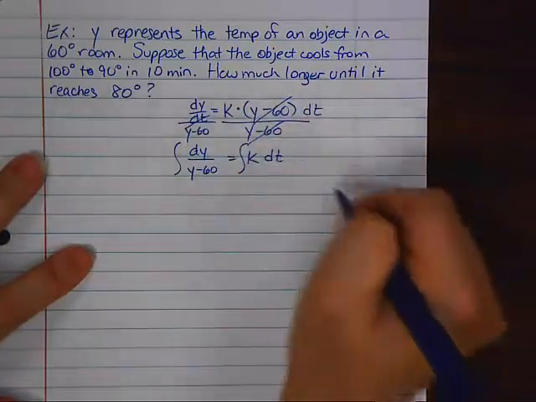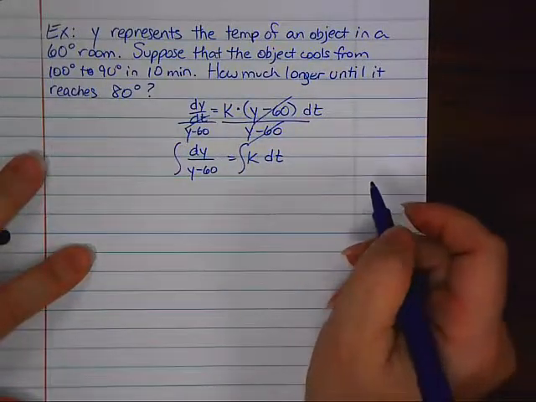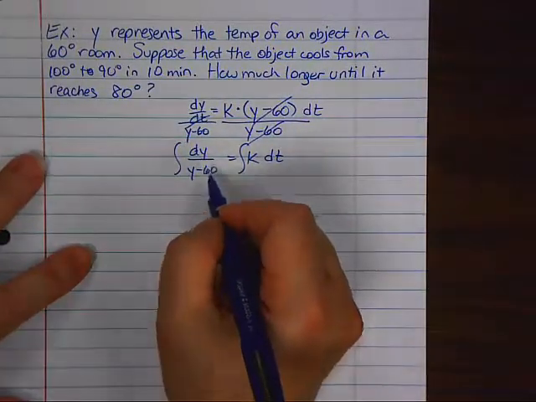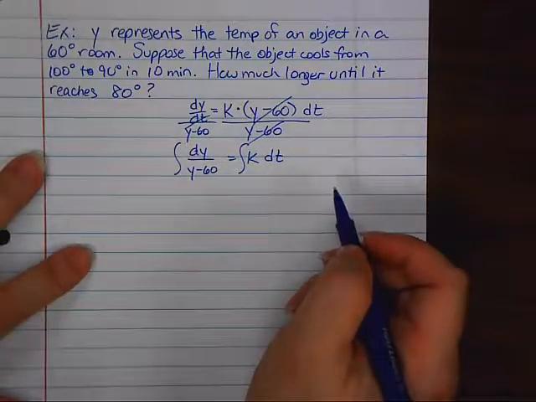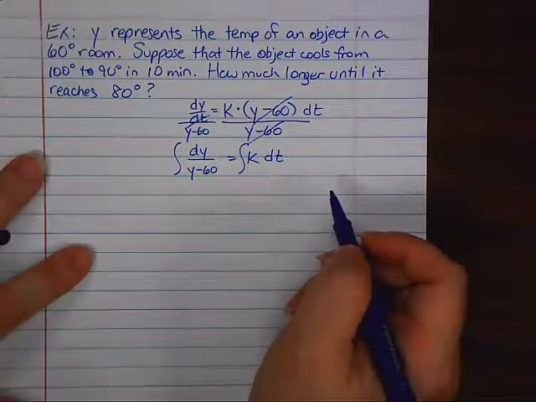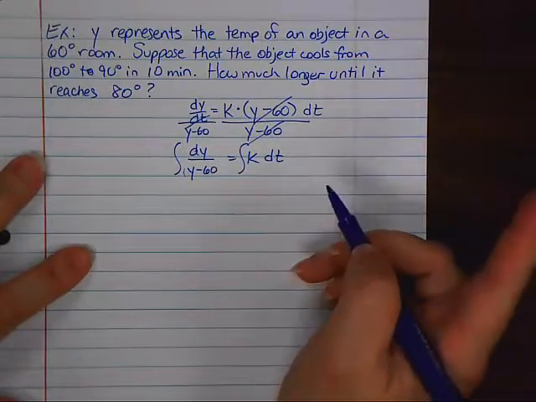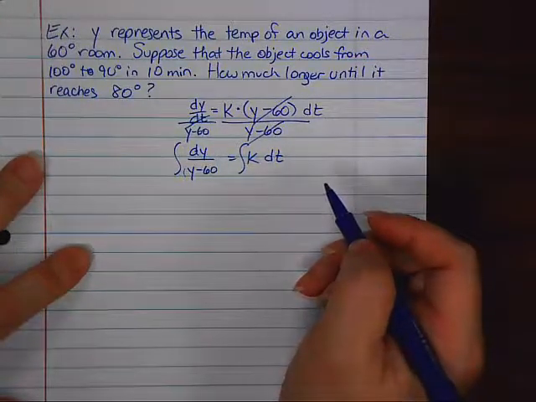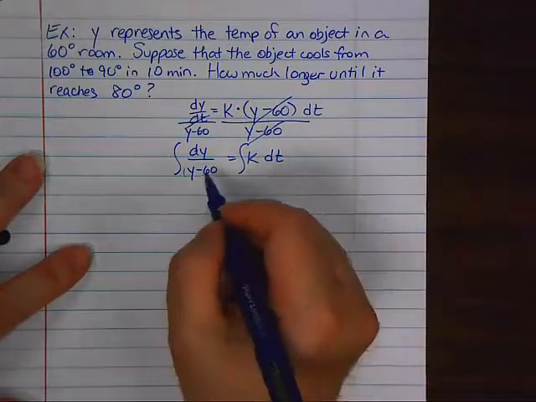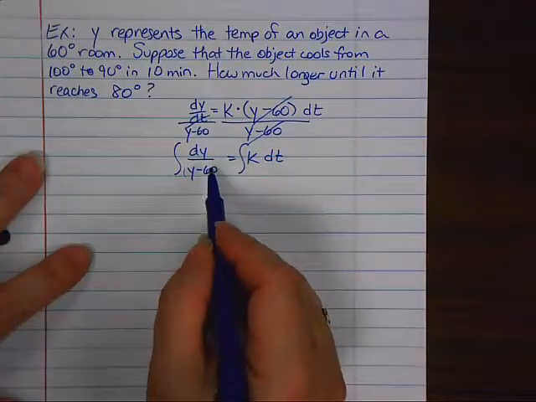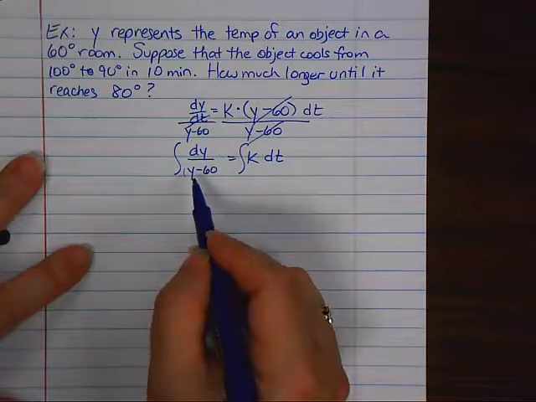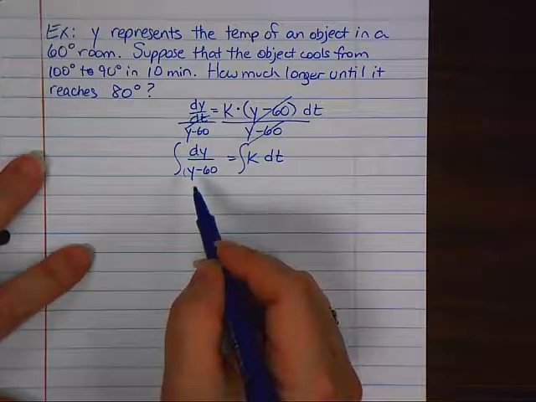Next, integrate both sides. Do you think this might be an ln again, like last time? What's the power of that whole denominator? 1. Did I tell you if the power is 1, it's always a natural log? Yes. So the only thing you need to do is take the bottom and take its derivative and make sure there's no numbers in there.